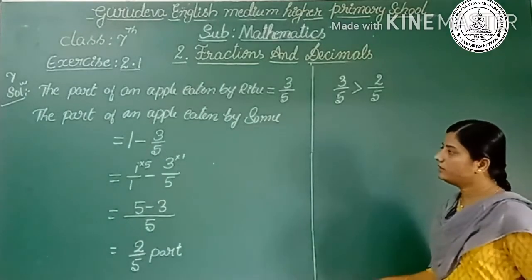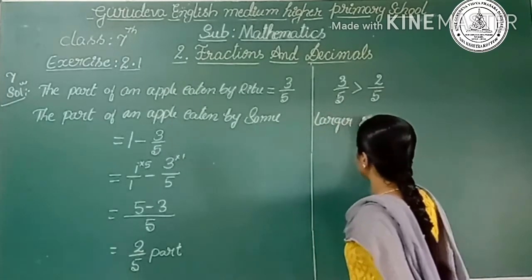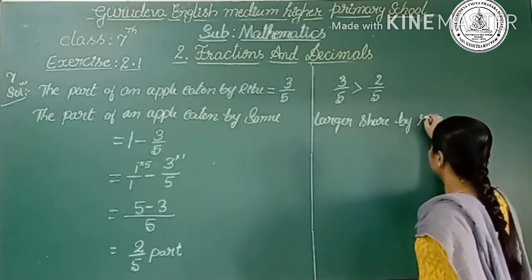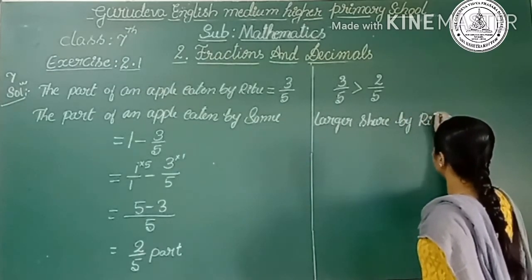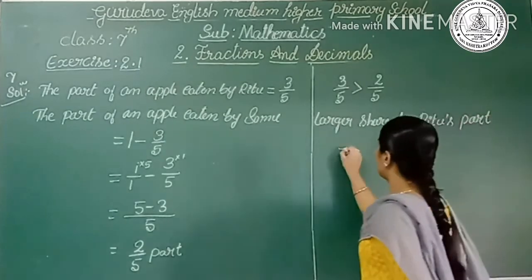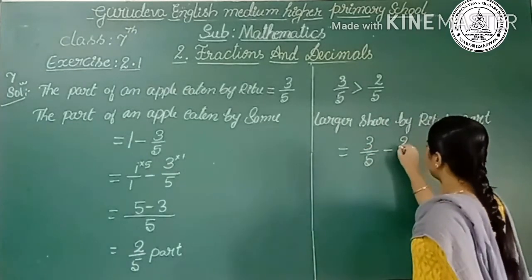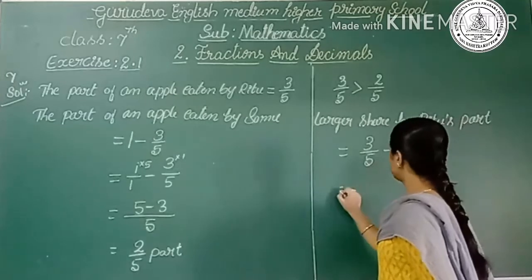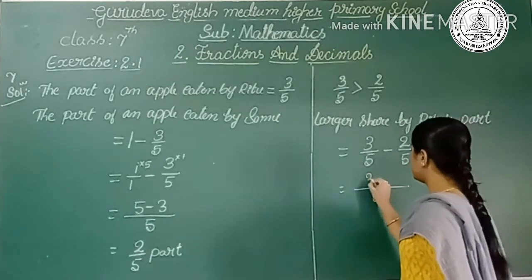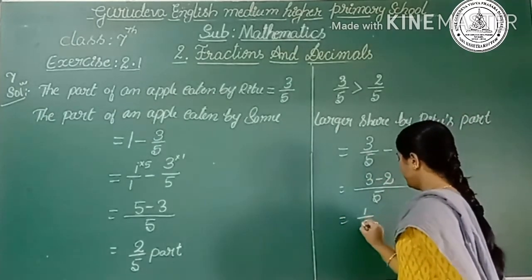Yes. Let's find out here. Larger share by Ritu's part is equal to 3 by 5, that is Ritu's share, minus Somu's share. We have both the denominators the same, so write the denominator 5 as it is and subtract the numerators: 5 minus 2, which is equal to 3 minus 2 is 1 by 5.